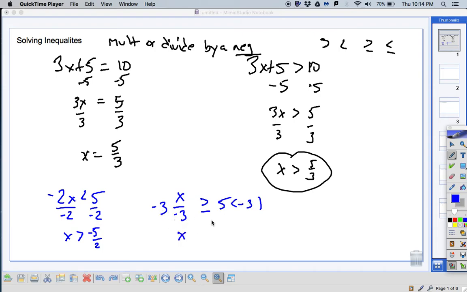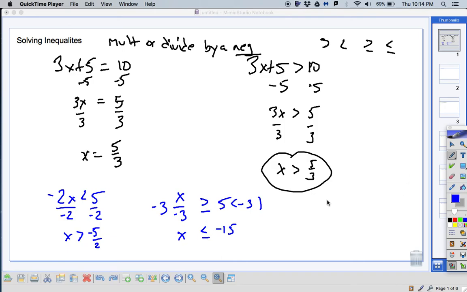So on the left, we get x. Switching the sign around, you get a less than or equal to. And 5 times negative 3 is negative 15. So just like before, because we multiplied by a negative to both sides, we switch the symbol around. So our answer would be x is less than or equal to negative 15. So as you can tell, the less than and greater than signs switch around, as do the greater than or equal to and the less than or equal to signs.